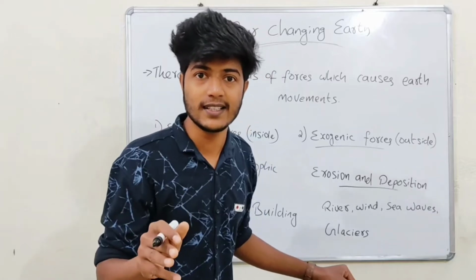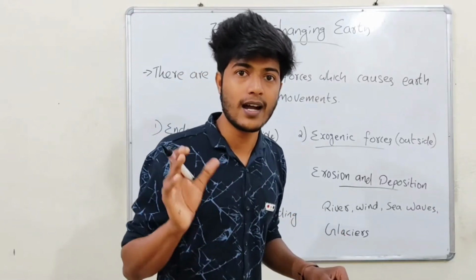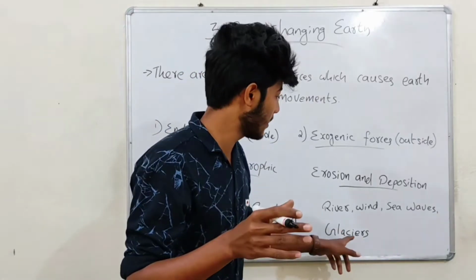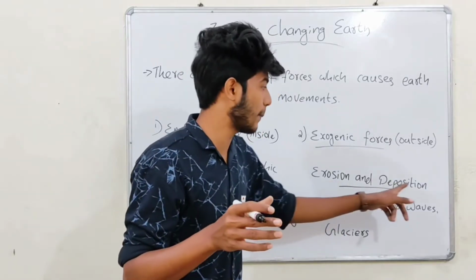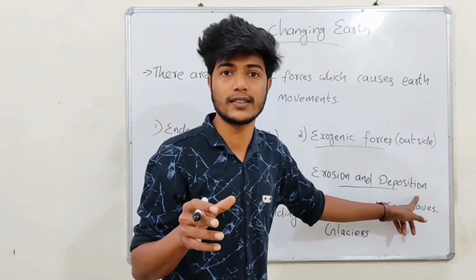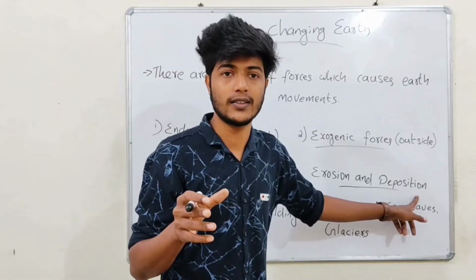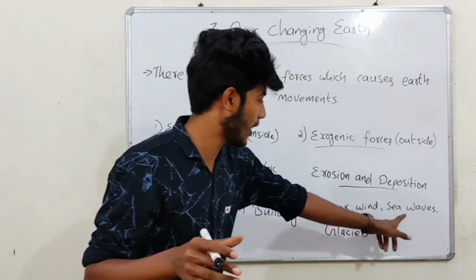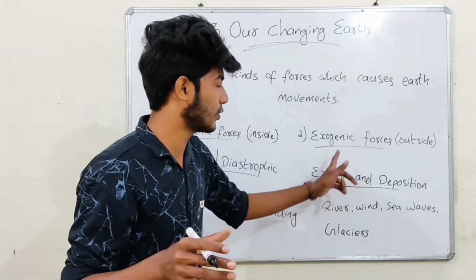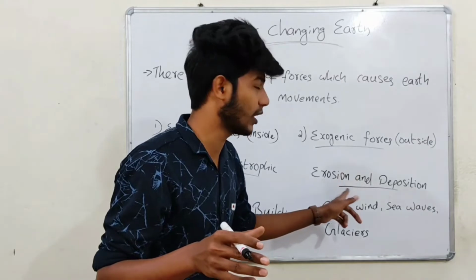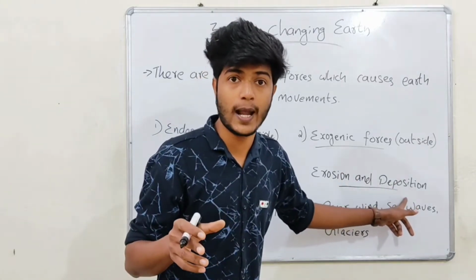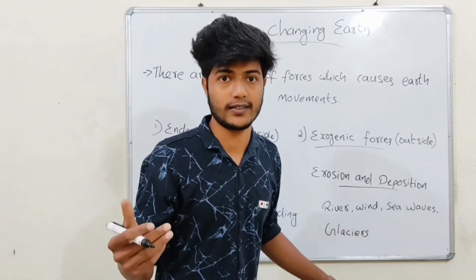If there is heat, the glaciers will melt and move. And with the movement of glaciers, there will be erosion and deposition of particles, of materials. So, these four are the examples for exogenic forces. The exogenic forces are erosion and deposition because they are happening outside the earth.